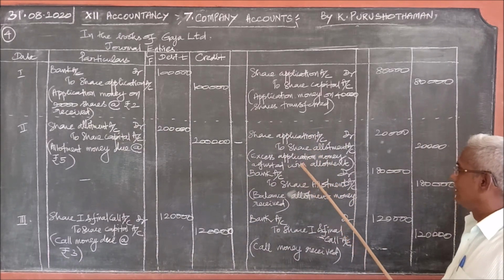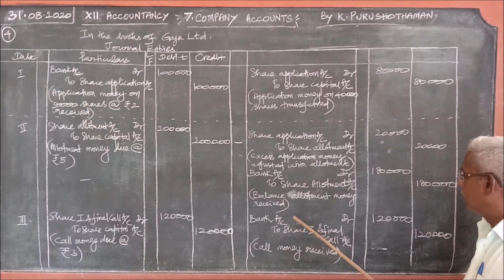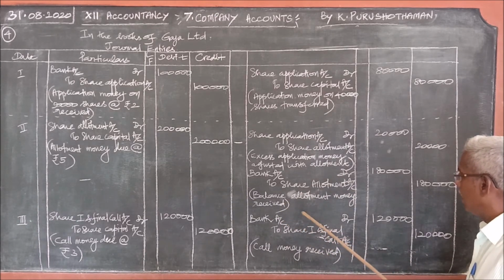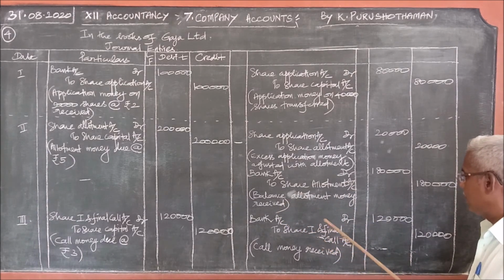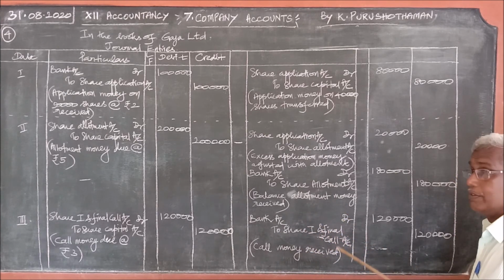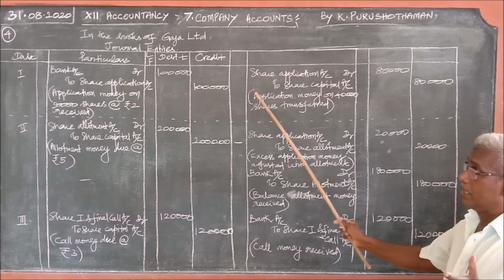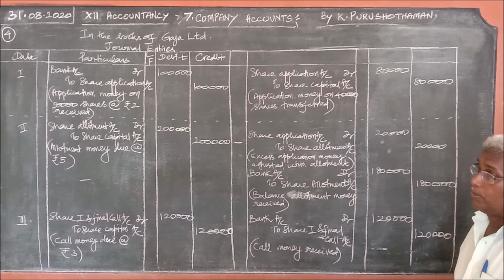Bank account debit to share allotment, bank account debit to share first and final call, bank account debit to share first call, bank account debit to share final call, whatever it is, we should write. So this is the major difference between the first stage and the other stages. You should bear it in mind.